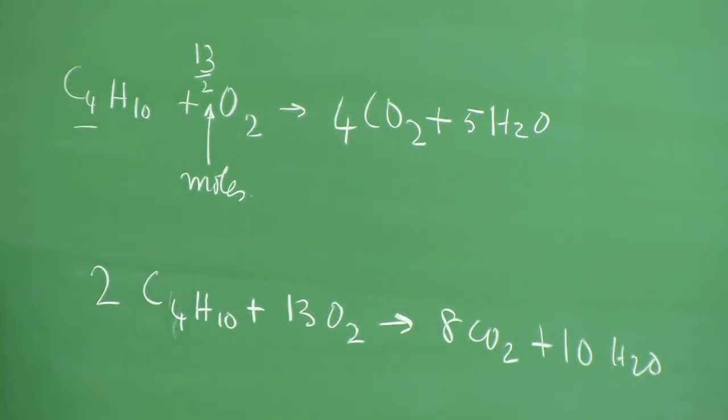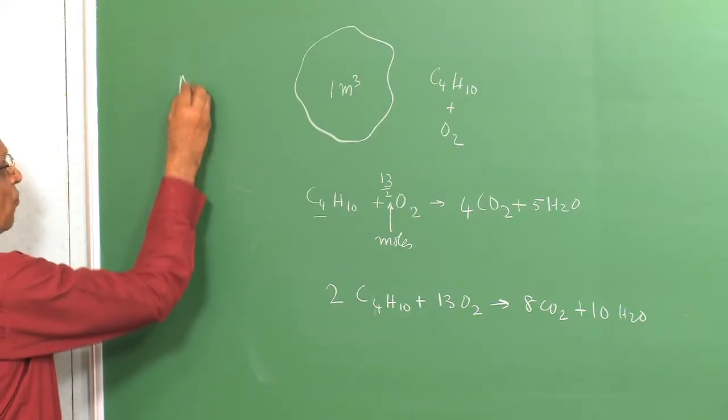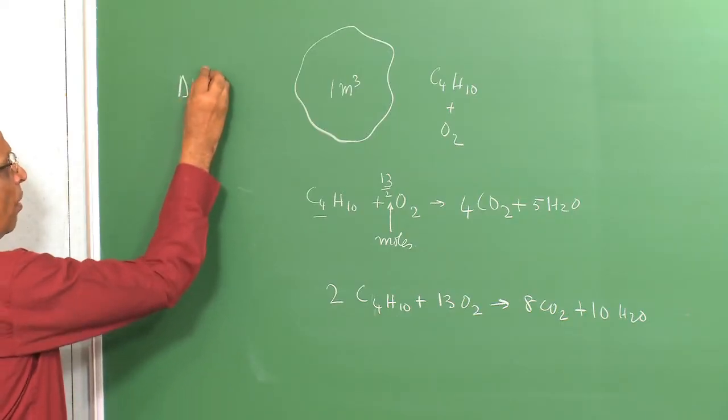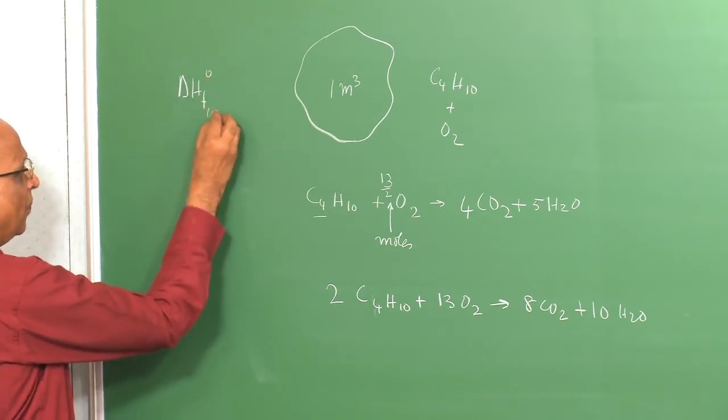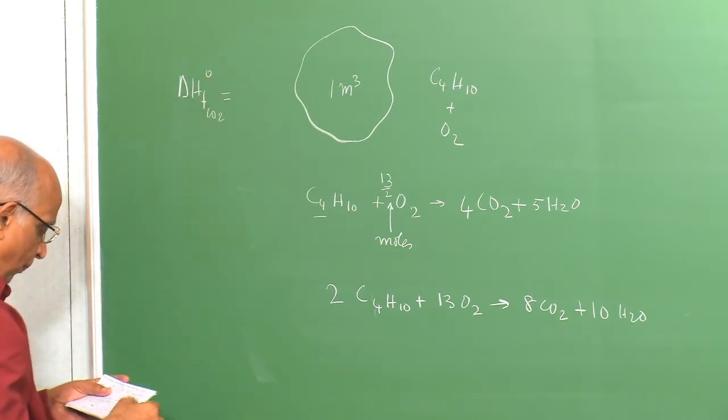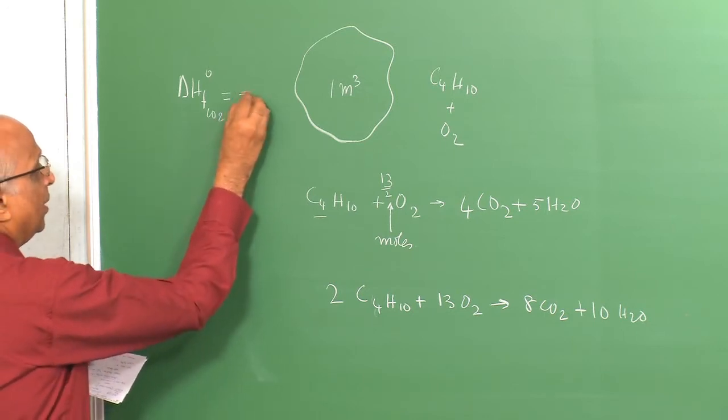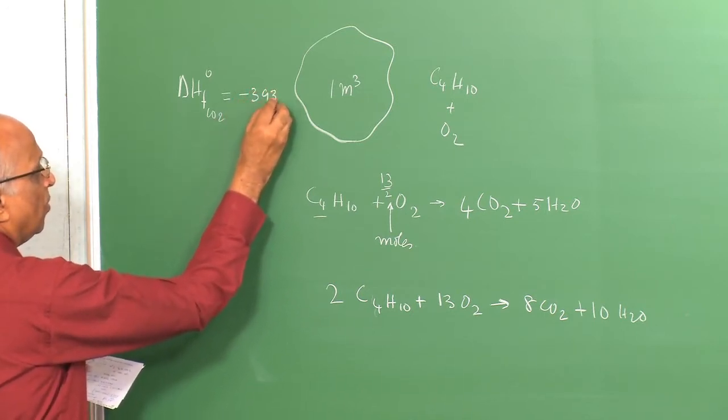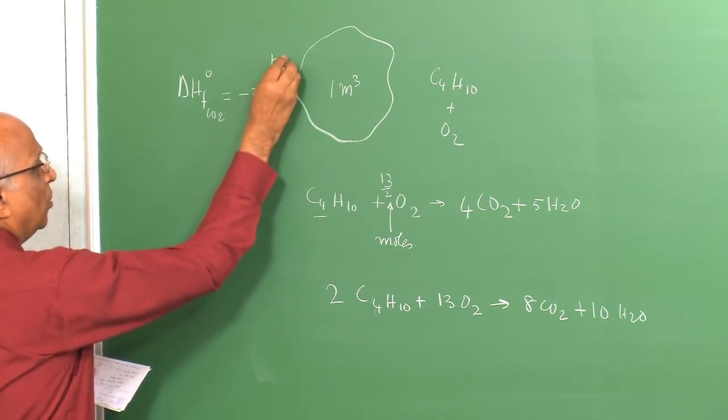Yesterday we discussed heat of formation. We said that the heat of formation of carbon dioxide was equal to minus 393.5 kilojoule per mole.